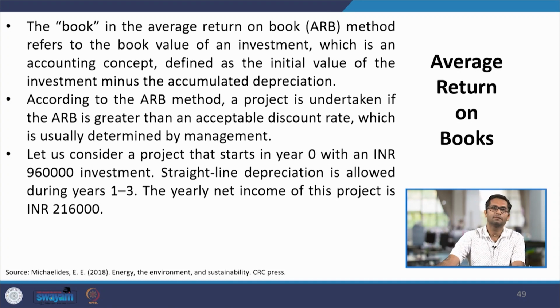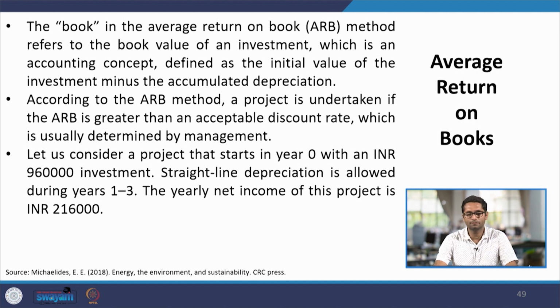Further, there could be another method which is called the average return on books. So the book in this definition of an average return on book is basically the book value, which is an accounting concept, which is basically the capex that you have put in minus the depreciation that would be happening, and it depends on the depreciation schedule that you would be following for the capital asset.